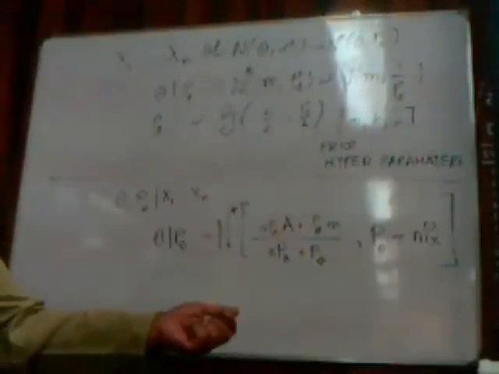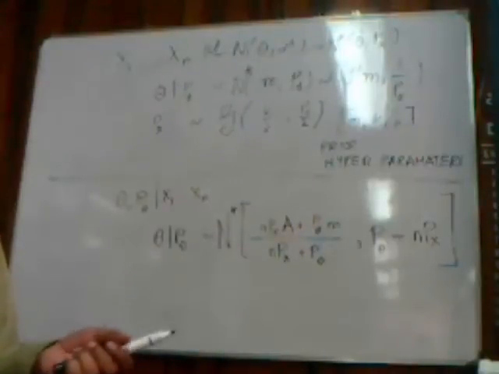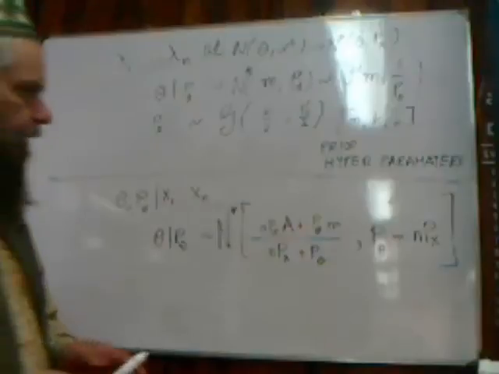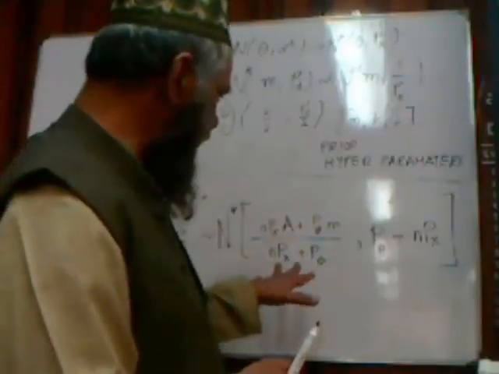What is the amount of precision that you have in your final inference? Well, it's the precision you got from the data and the precision you got from the prior. You just add the two together. It's like the prior is one sample and the data is another sample, and you just combine the two samples and you get the sum of the two precisions. So it's very natural and easy to understand.